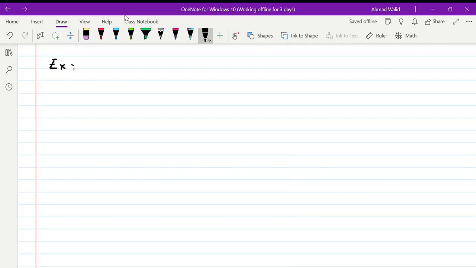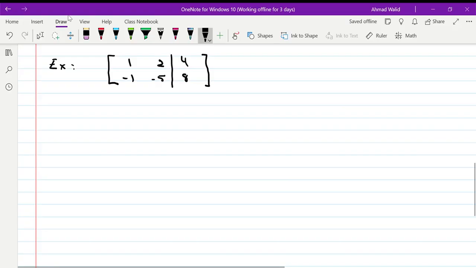For example, if I give you a matrix like this, let me do a very easy example. Sorry, a matrix. For example, 1, 2, 4, -1, -5, and 8. You should be able to write a system of linear equations out of this matrix, correct?